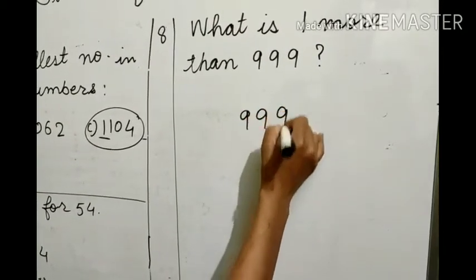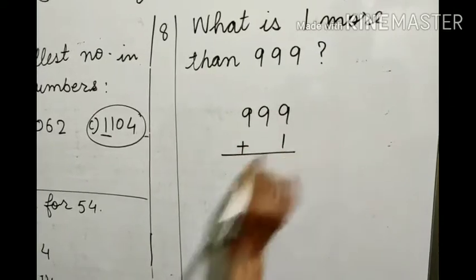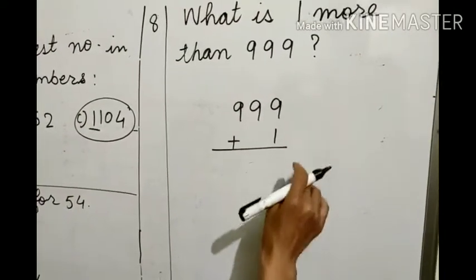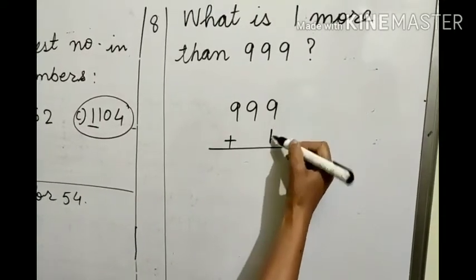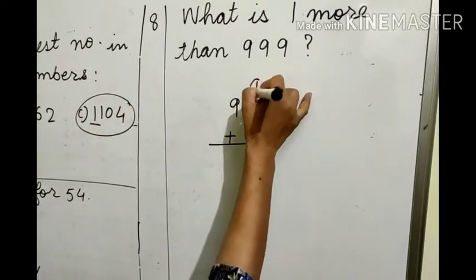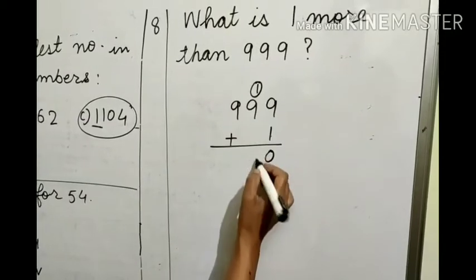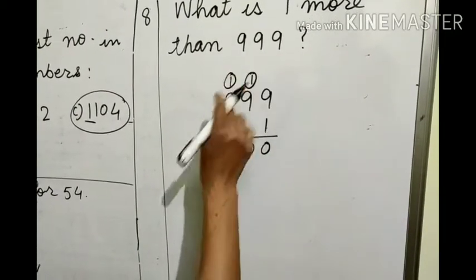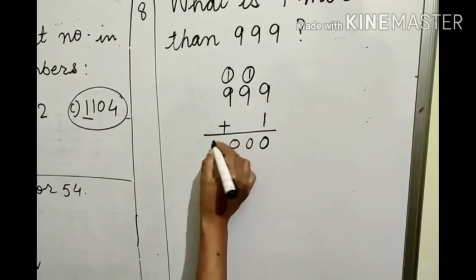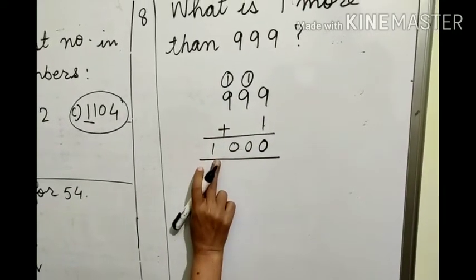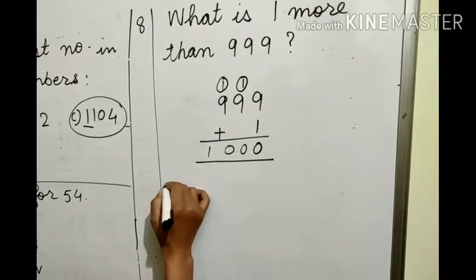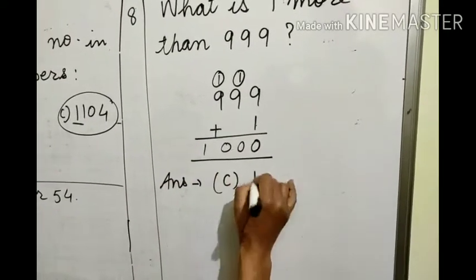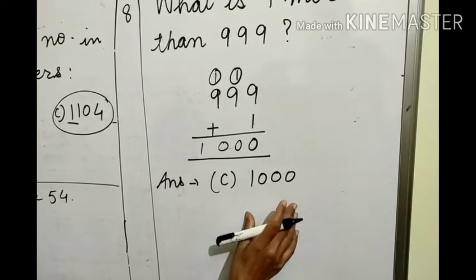First we will solve our question, then we will match the options to our answer. 9 plus 1 is 10, 1 carry, 1 plus 9, 10. So our right answer is 1000. Now we will see which option is right. Option C is right, which has 1000.